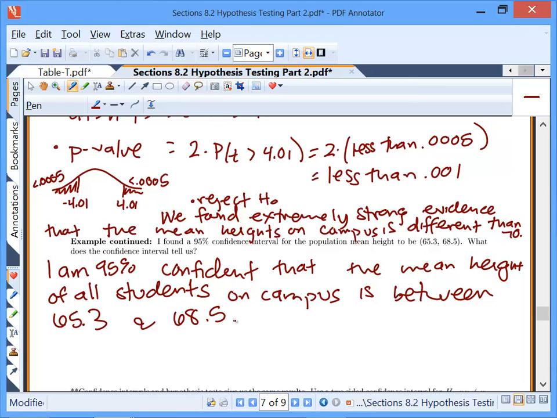Okay. So basically, we're 95% confident that it's between 65.3 and 68.5.